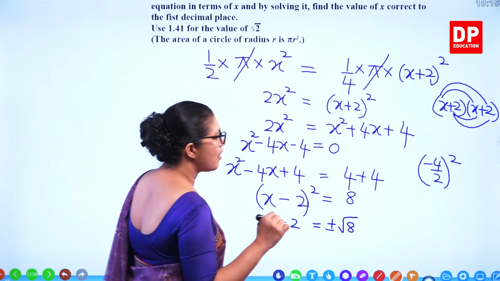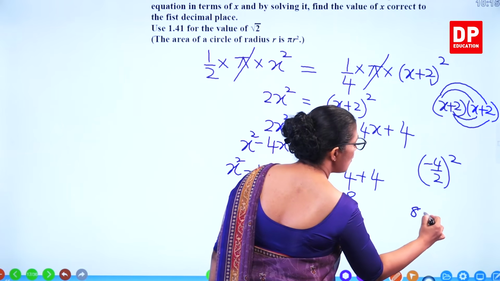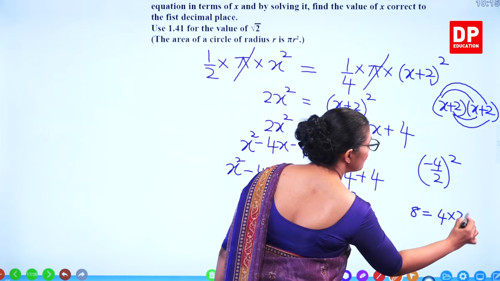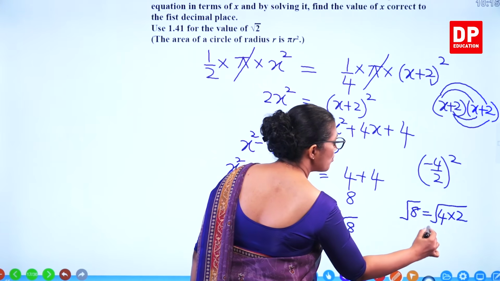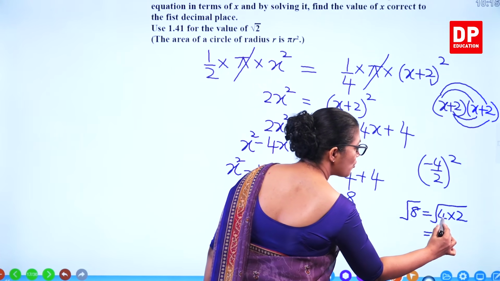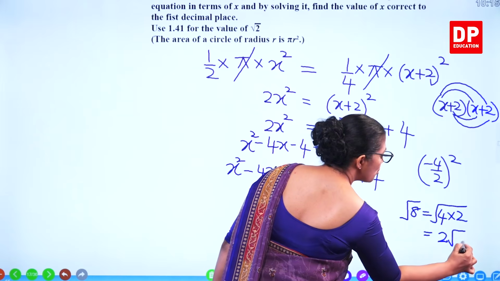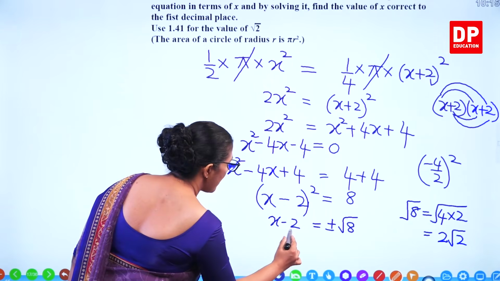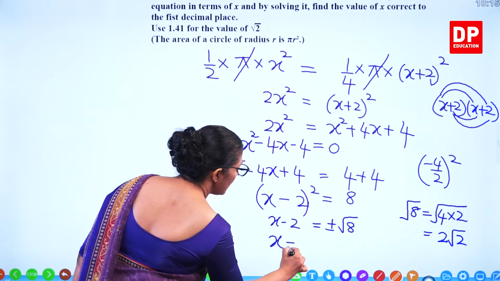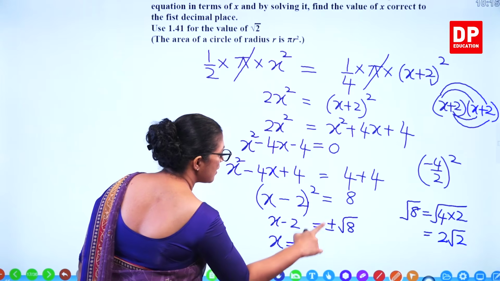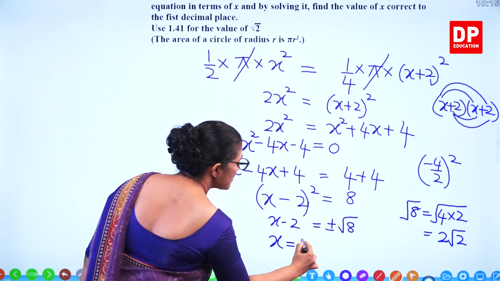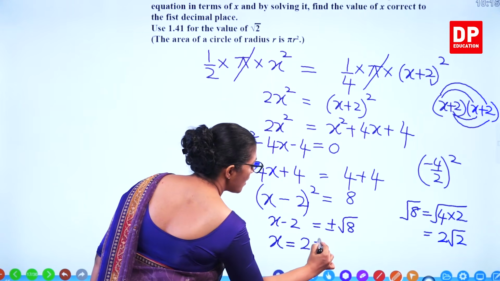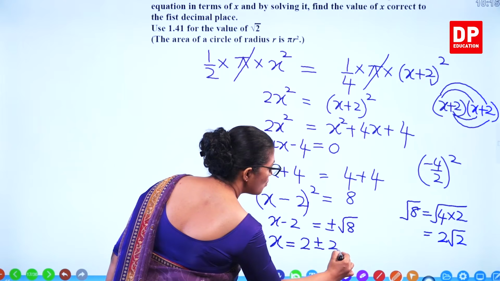Root 8, how can you write? 8 you can write 4 times 2. When you take square root, square root 4 is 2, so 2 root 2. So I can write x is equal to, take minus 2 to the other side, 2 plus or minus 2 root 2.